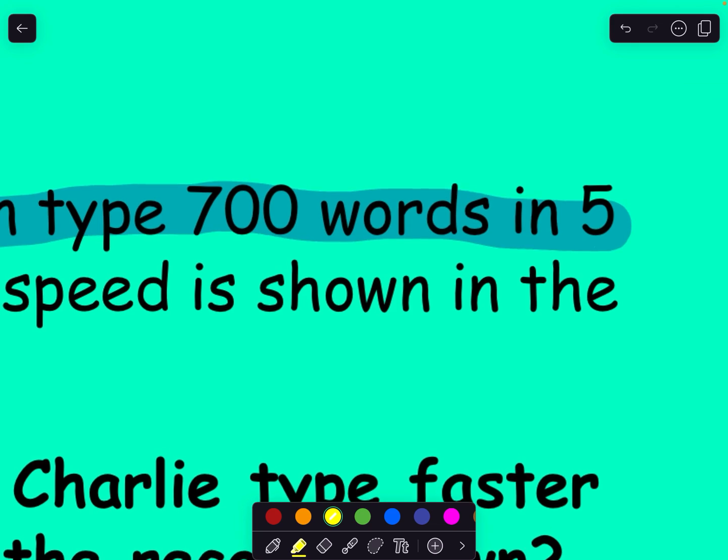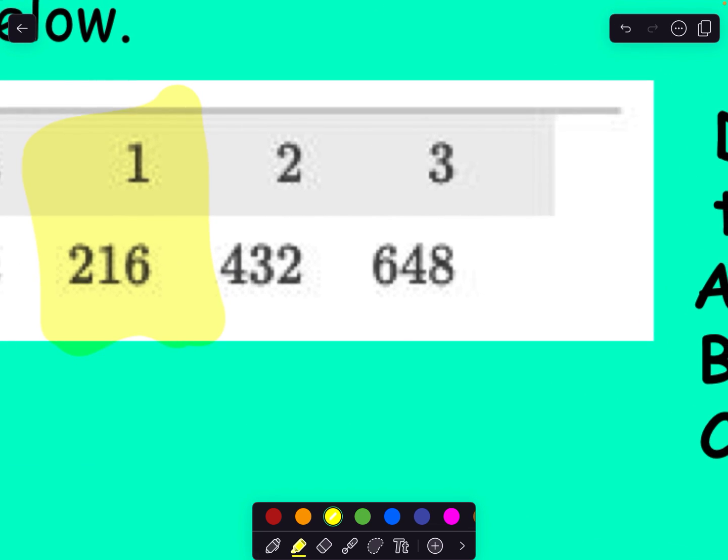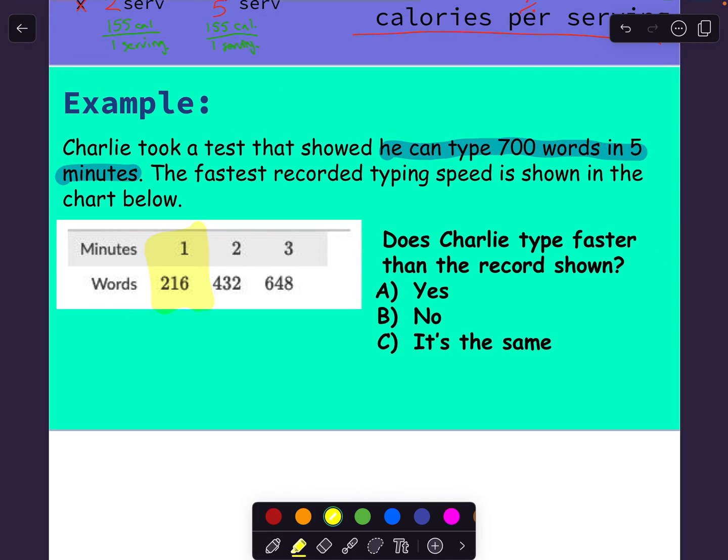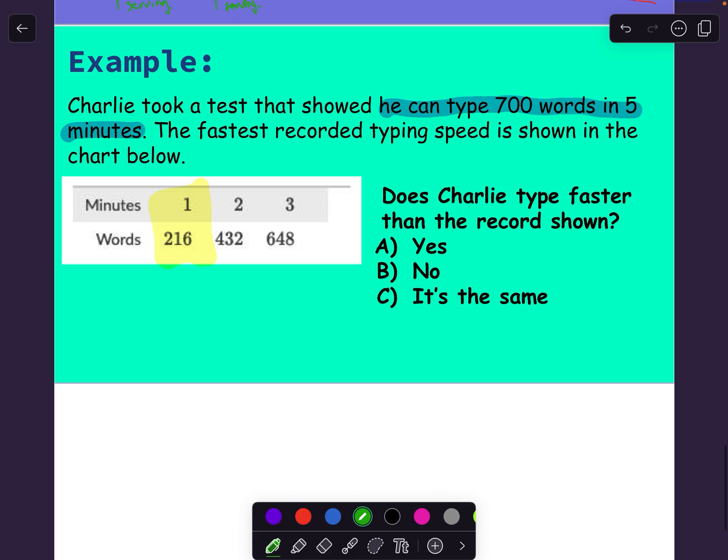Charlie's is words in 5 minutes. Down here, there's no 5-minute comparison. So I'm going to break it down to how many words in 1 minute for Charlie. We're going to say 700 words in 5 minutes, and we're just going to divide these two things.